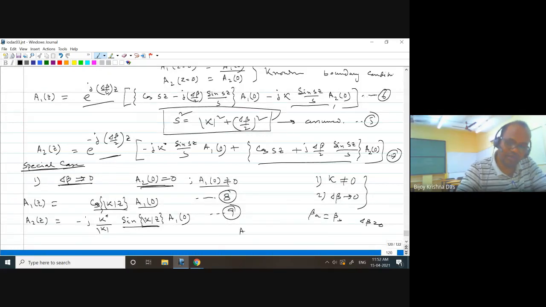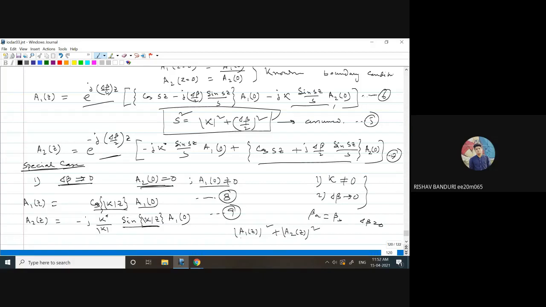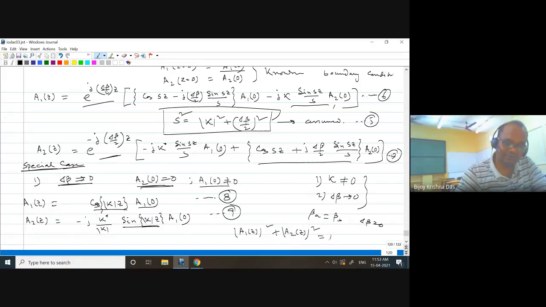Can you see what is the value of A1 at z square plus A2 at z square? You have the 8 and 9 situation. It will be 1. You know why? Not 1.